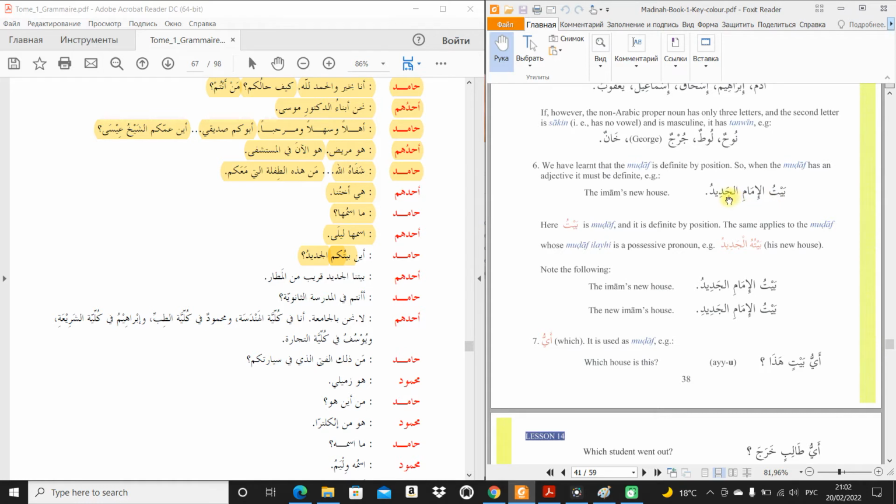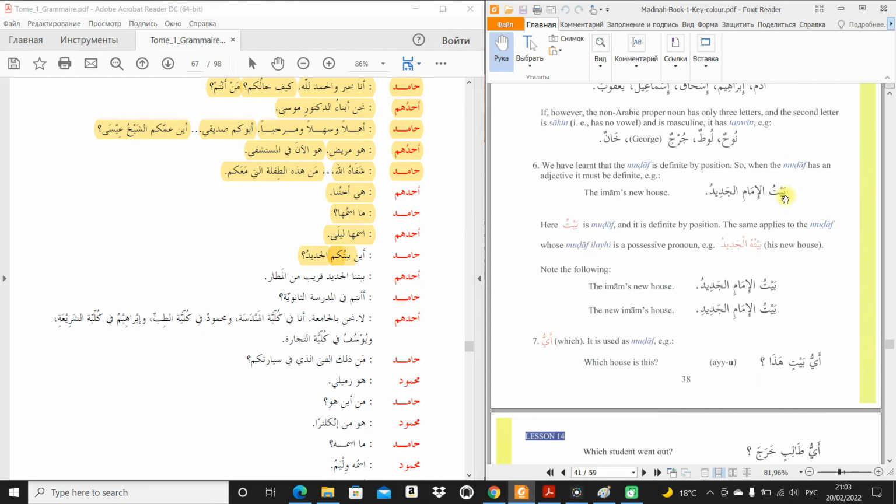And how can we make it definite? By adding alif lam. So if there was no word al-imam, if we had only bayt and jadid, we would say al-baytul jadidu, and then we would complete the sentence with something else. But just because al-imam made this word mudaf, and mudaf never takes alif lam, therefore it doesn't have alif lam.